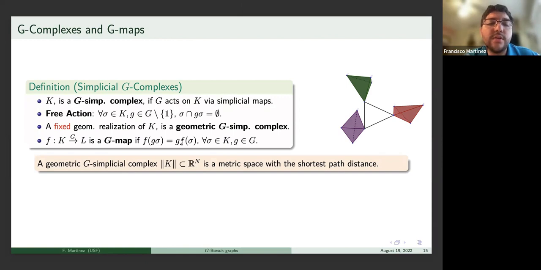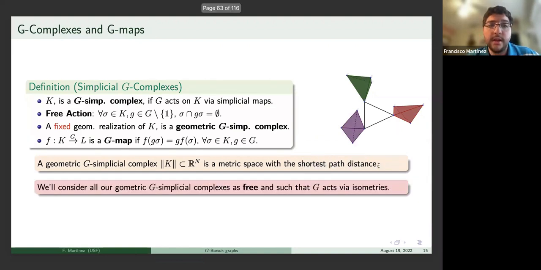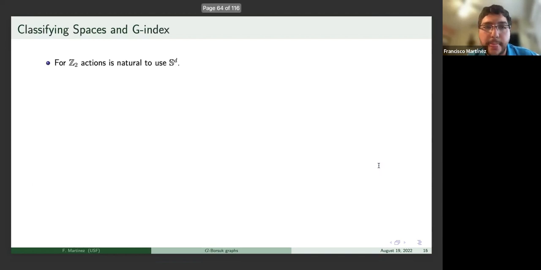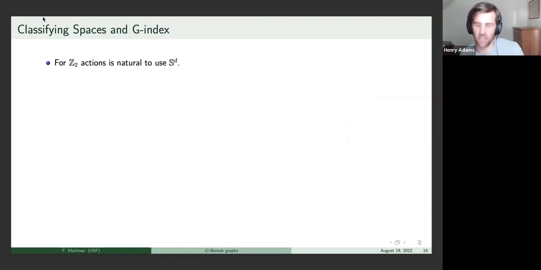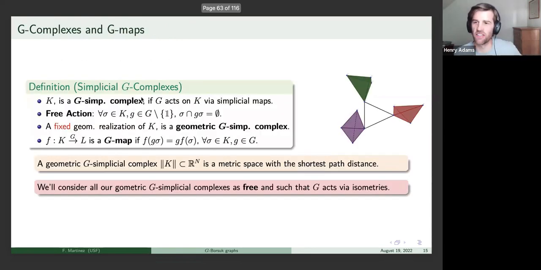The way in which we're going to think about these G simplicial complexes as metric spaces is by using the shortest path distance. And for this talk today, we consider all our geometric G simplicial complexes to be free and such that G acts via isometry, just to make the statements a little bit easier. And when you say shortest path distance, each simplex is sort of the standard Euclidean simplex where all edges have the same length, like maybe 1 or something.